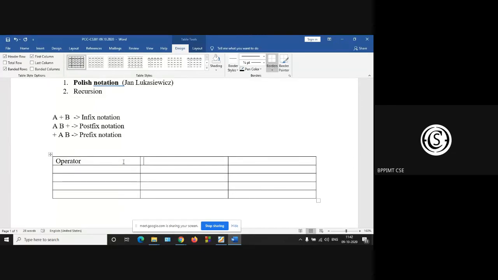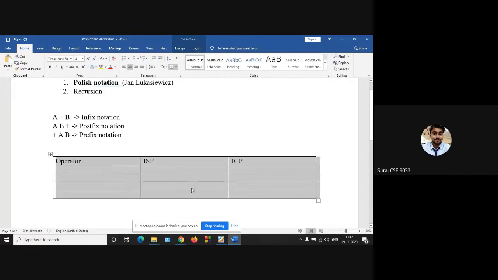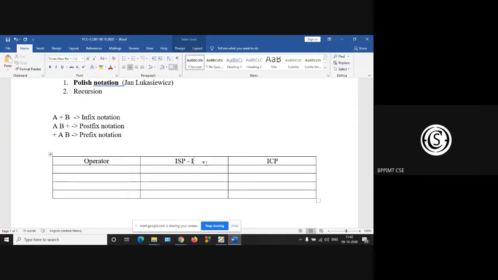The second one is the ISP, in stack priority, and this is called the incoming priority. Is it visible? Yes, sir.